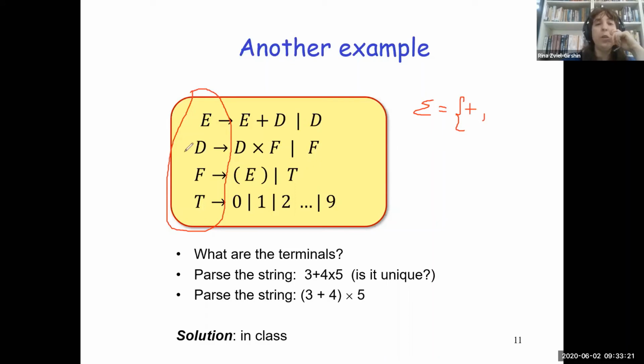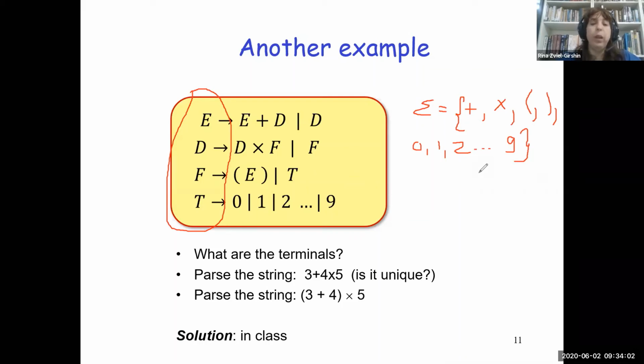If I go to rules derived from D, I can see the multiplication sign, an additional terminal. If I go to F, I can see the open brackets and the closing brackets, two additional terminals. And if I go to T, I can find all digits of the decimal alphabet from 0 till 9. Therefore, in this alphabet, we have 14 terminal symbols. Any questions about terminals?